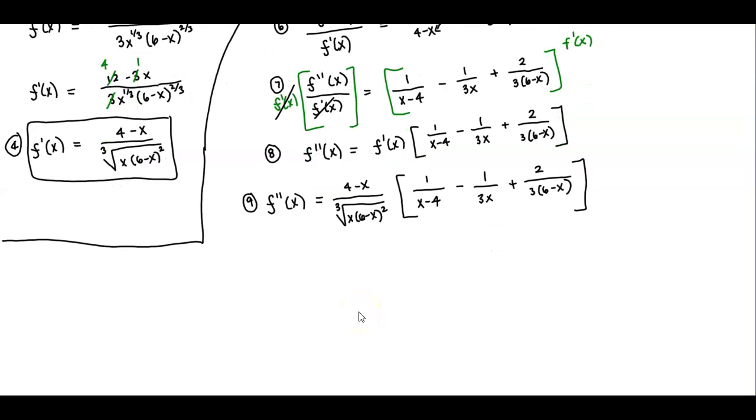So let's go ahead and distribute this. So we have (4 minus x) over (x minus 4) times the cube root of x times (6 minus x) squared.